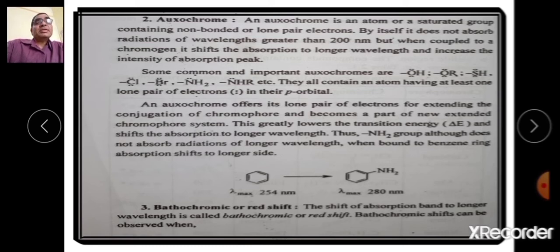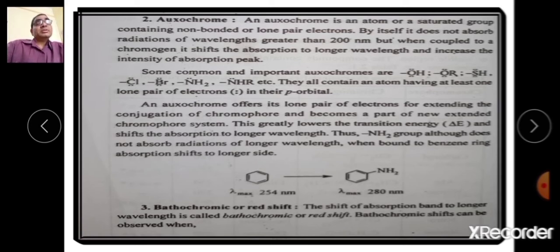By itself, it does not absorb radiation of wavelength greater than 200 nanometer. But when coupled to a chromogen, that is a compound having a chromophoric group, it shifts the absorption to a longer wavelength and increases the intensity of the absorption peak. That is, when auxochromes are attached to chromophores, the longer wavelength is absorbed.